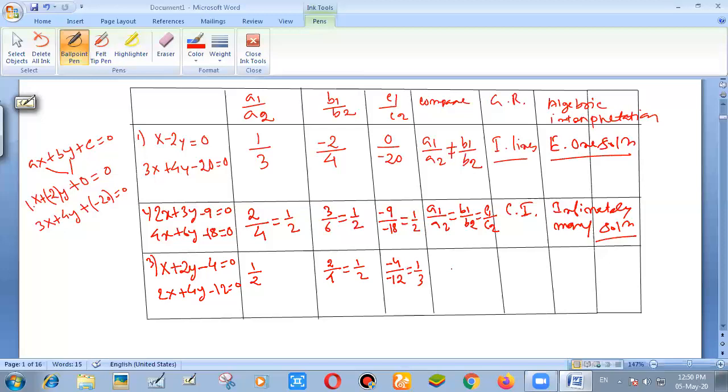Now see what is the condition now? A1 by A2 equal to B1 by B2, but does not equal to C1 by C2.